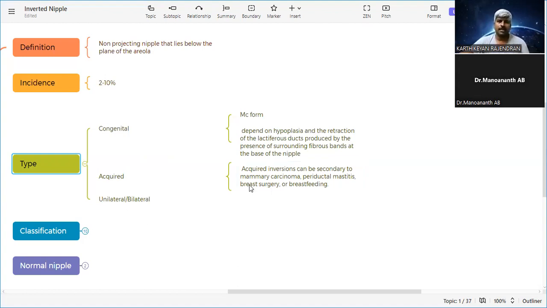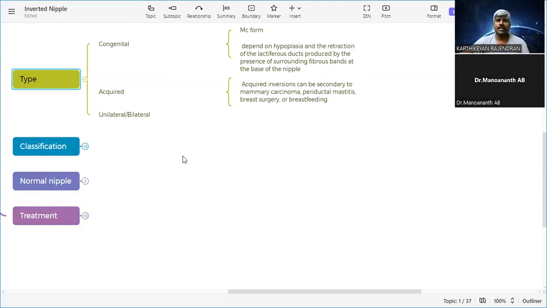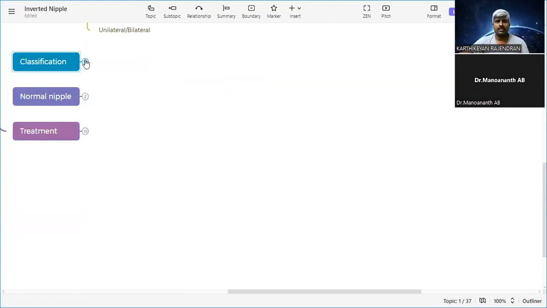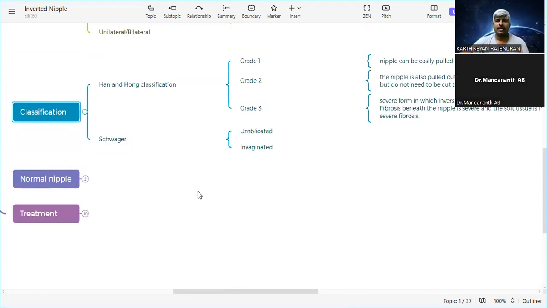So unilateral, bilateral. And coming to the classification, it is classified into two: the Han and Hong classification and the Swagar classification. Swagar is classified as umbilicated and invaginated.